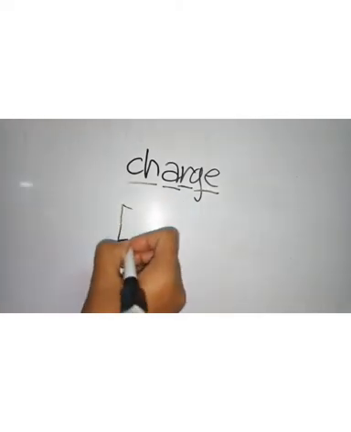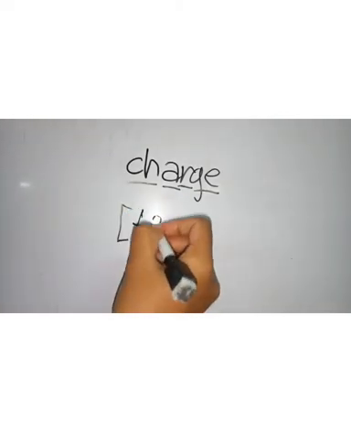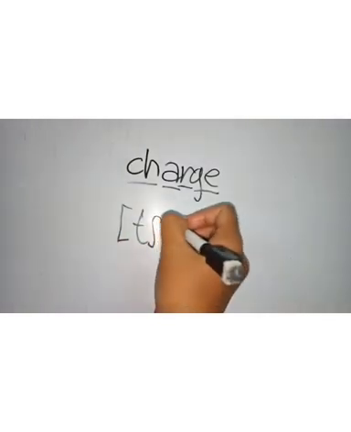Now, the next thing that you will do is to represent it in the phonetic symbol. So what is the phonetic symbol of the phoneme ch? It's this one. Then, what about the a? Then the r.